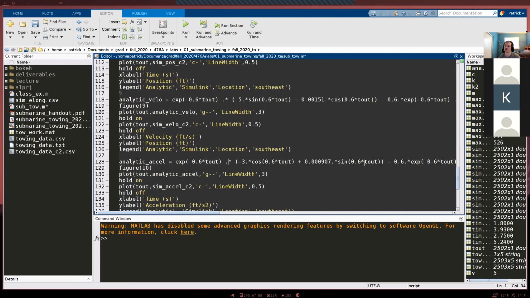For our time, we have 0 to 25 seconds. That's an array itself. Sine of t out is an array. So if we're multiplying sine of t with cosine of t, we need to do array multiplication, which is why we have that dot before the multiplication sign. So you just want to be careful with that.